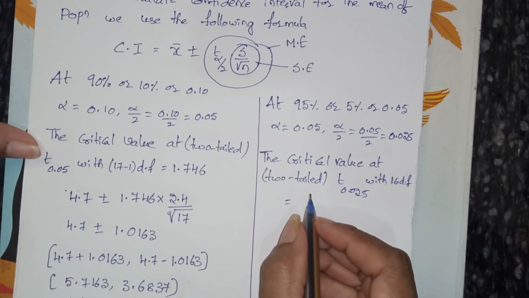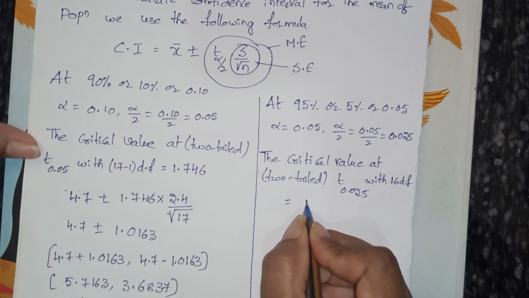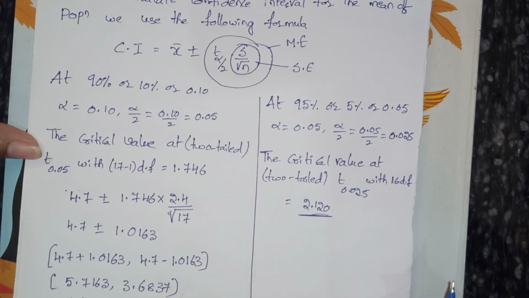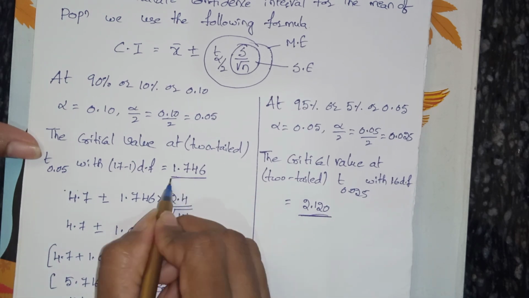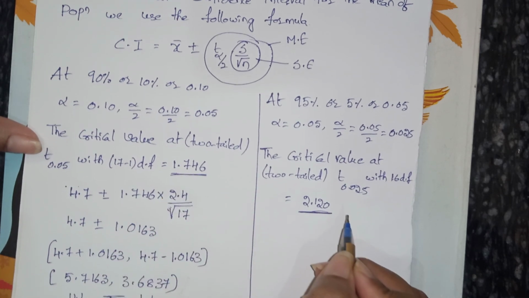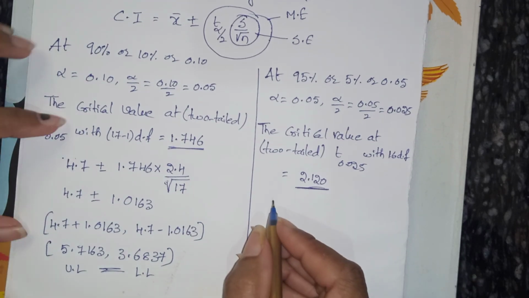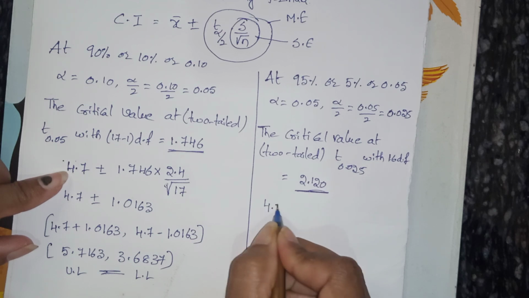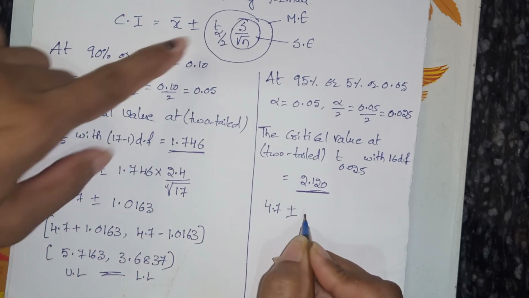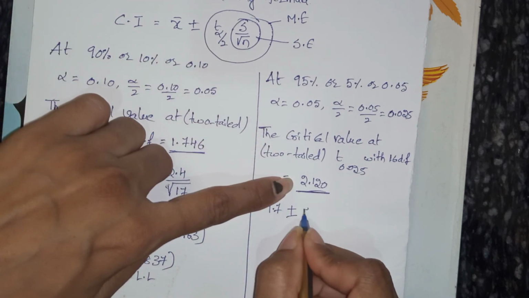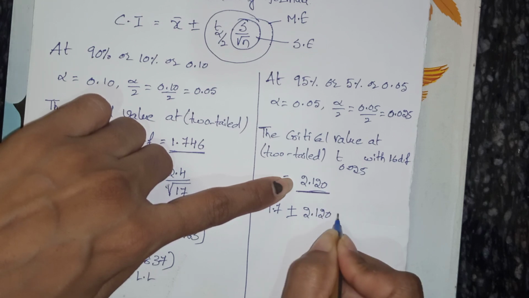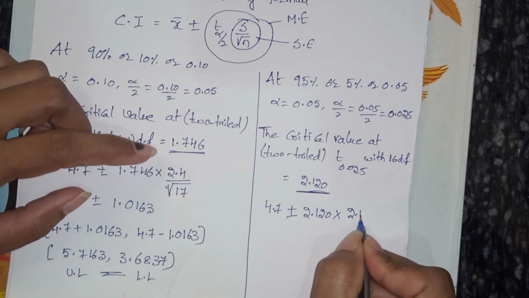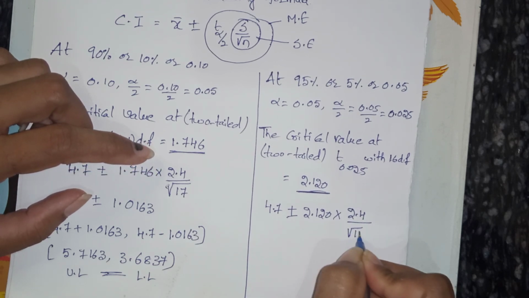This is a table value, 2.120. Here it was 1.746, and here the table value is 2.120. Now we will substitute in this formula. X bar in the sense what? 4.7 plus or minus t alpha by 2, this value 2.120, into s by root n. S in the sense what? 2.4 divided by root 17.